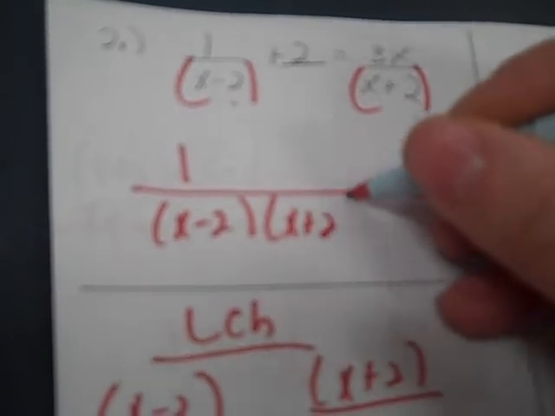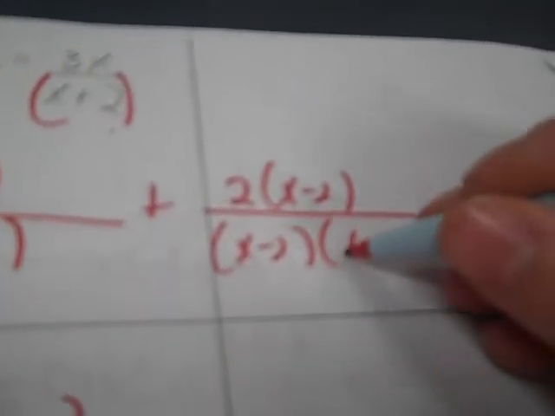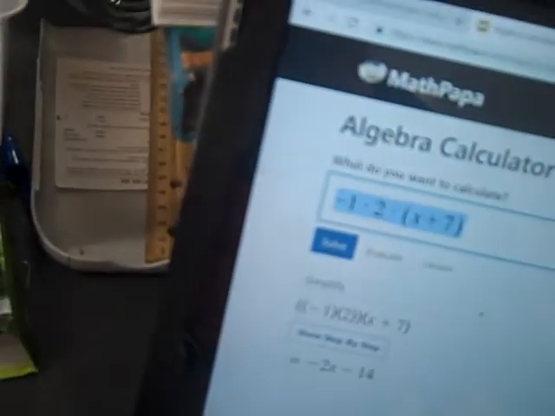We also got x plus 2, 0, 0, 1. Okay, so basically now the bottom is eliminated. Okay, let's figure out what the left side comes out.